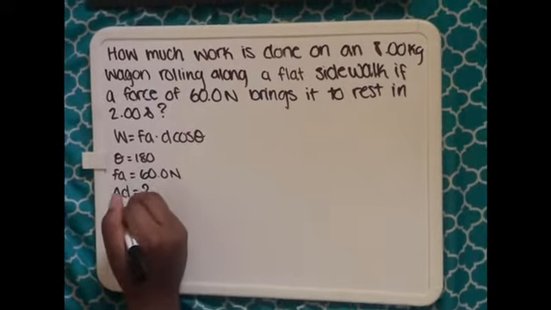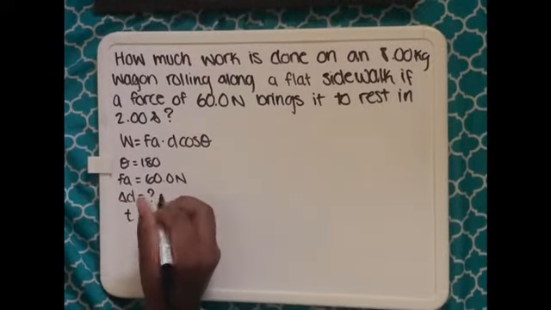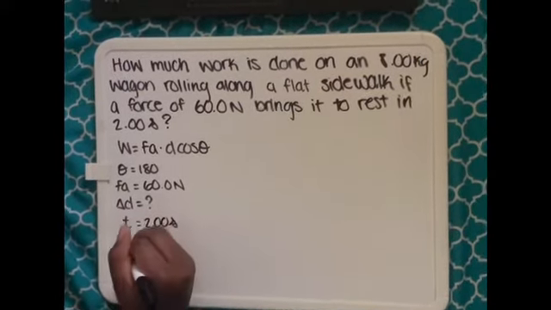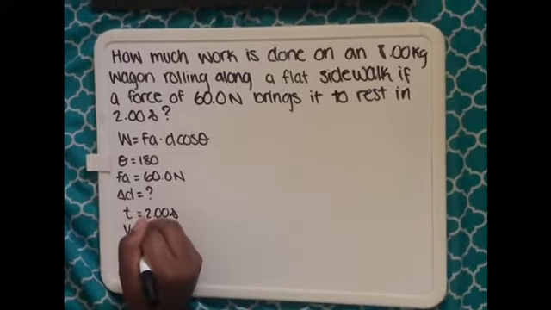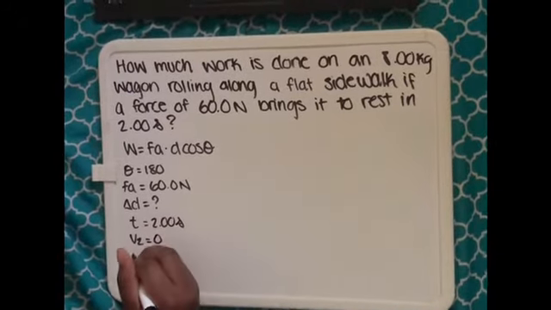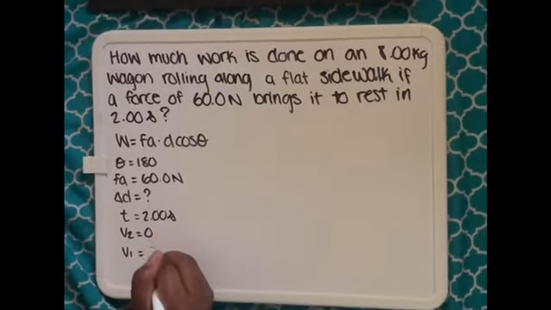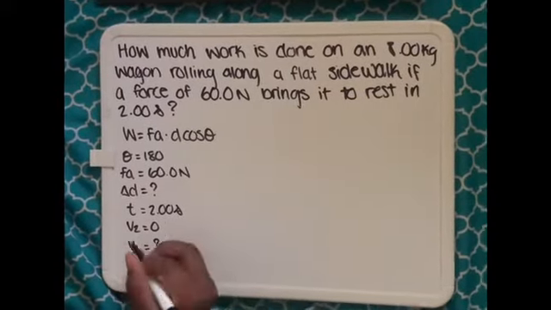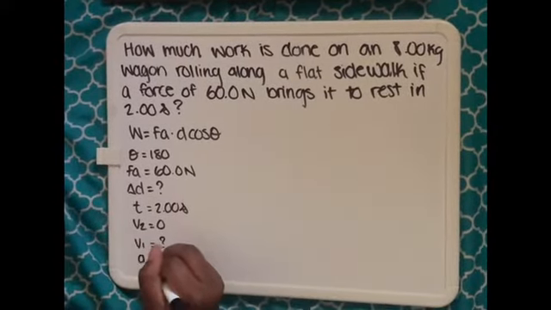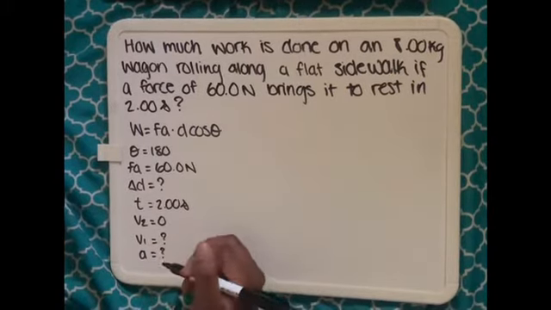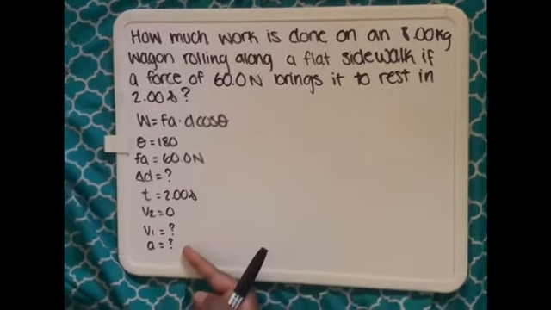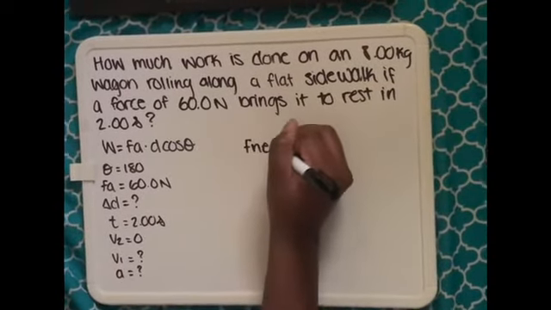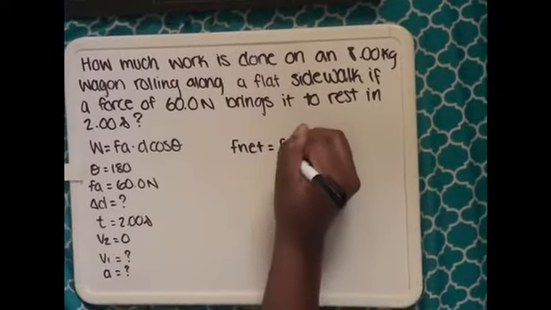We have time, which is equal to 2 seconds. We know V2 is equal to 0, but V1 is unknown. To calculate V1, we need to solve for acceleration. We don't know that. So to solve for acceleration, we're going to use the formula F net is equal to Fa.